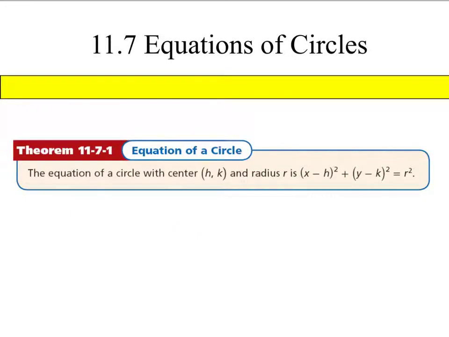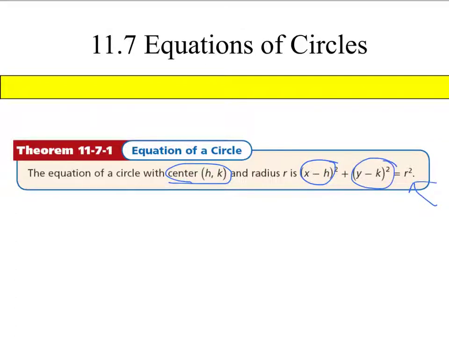The next one, we're going to be talking about the equations of a circle with the center h, k and its radius of r. Okay, so before we didn't know what our x and we didn't know what our y was. Okay, but now we know what our x and our y was based on what our center is. Okay, and if you look at this, you're going to have two binomials.